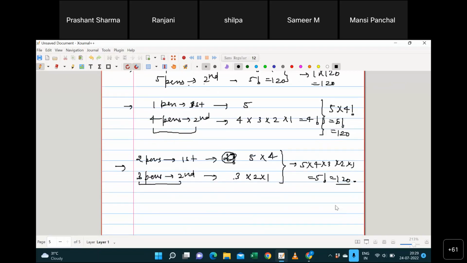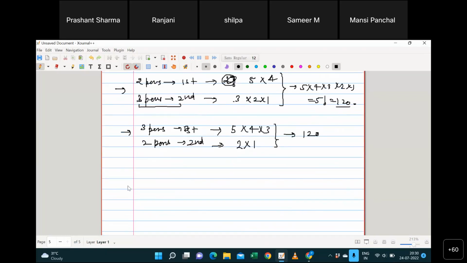Yes. Similarly, I can take 3 pens in the first, the reverse case, and now you tell me the number of ways for the second box. In how many ways can I do the 3 pens? 5P3, that means 5 into 4 into 3. And for the 2 pens, 2P2, that means 2 into 1, right? Again it will be 120.